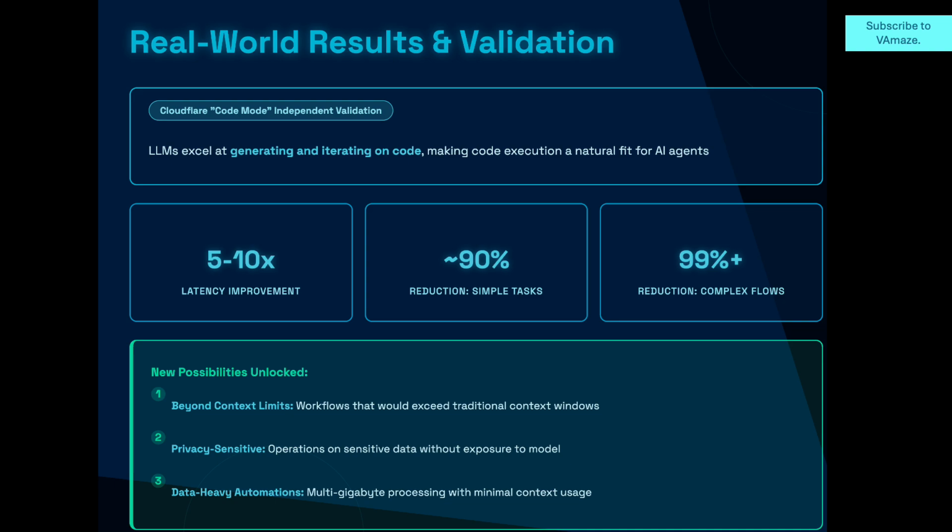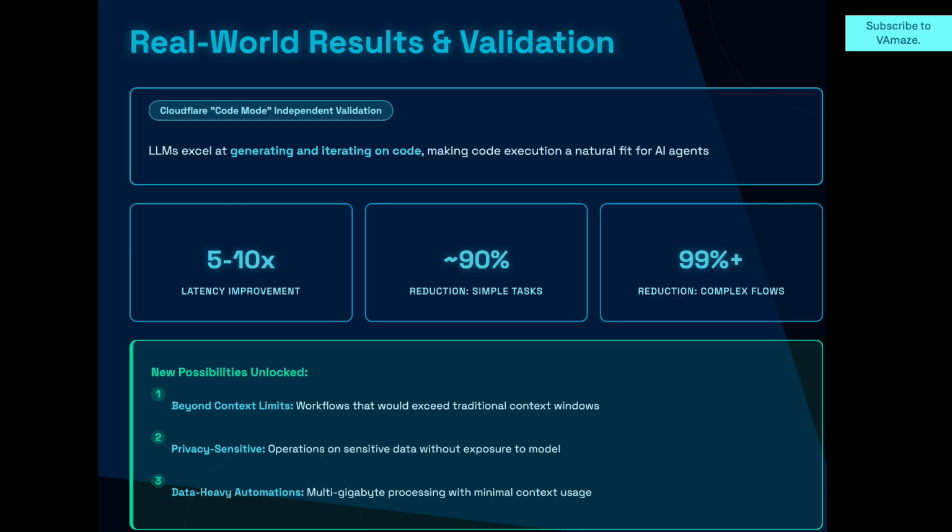Real-world results. Let me share some real-world validation of this approach. Cloudflare has published their own findings on what they call code mode, essentially the same technique we're discussing today. Their core insight aligns perfectly with ours. LLMs are excellent at writing code, and developers should take advantage of this strength to build more efficient agents. They've seen similar dramatic improvements in token efficiency and execution speed.